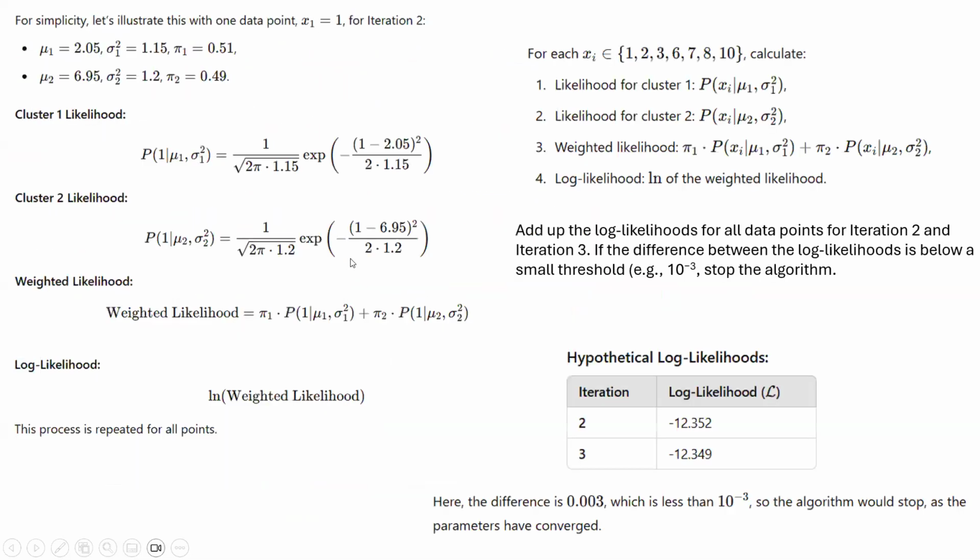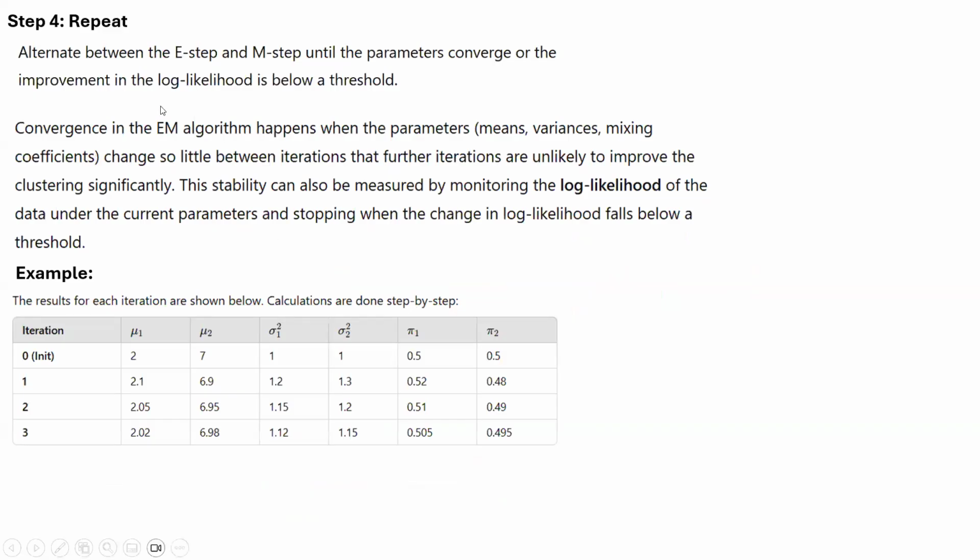We will come up with a small example to understand this step. We keep repeating the expectation step and the maximization step until the parameters converge. Parameters means the mean, variance or covariance, and the mixing coefficients; they all have to stop changing.